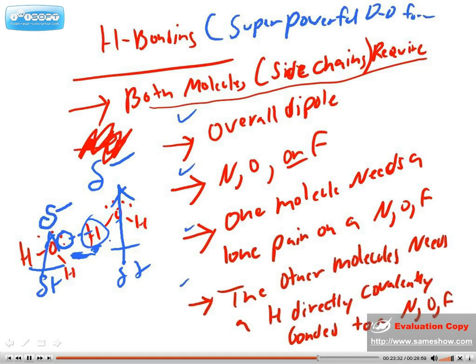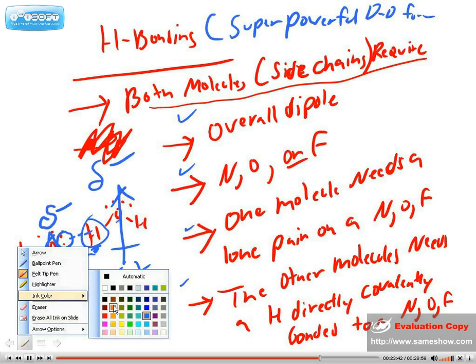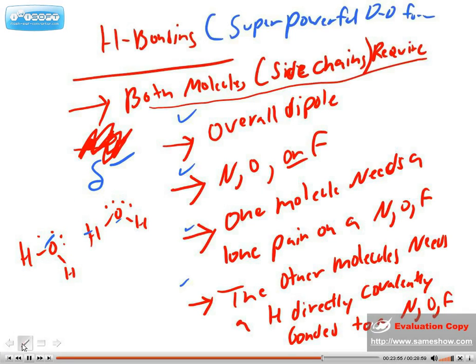Now I just wrote general overall dipoles just so you could see them, but in reality it's the hydrogen itself which is going to have the, let me just erase part of that. So in reality, it's the lone pair which is going to have the really powerful partial negative, the hydrogen which can have a really powerful partial positive, and then opposite charges attract.